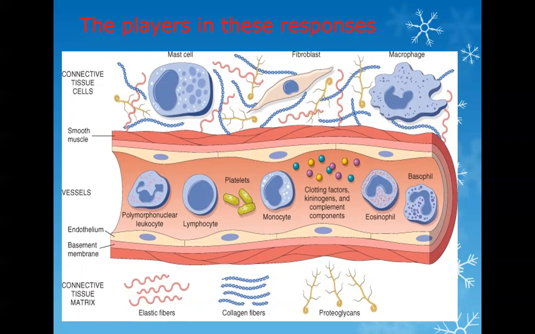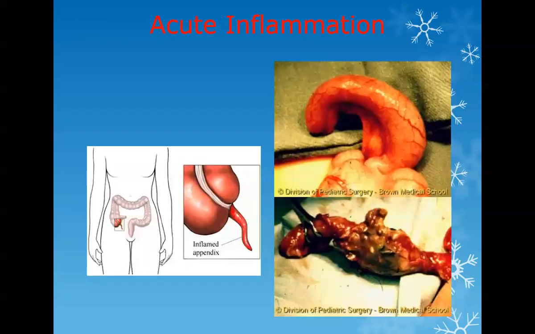Everything is taking part in the inflammatory process. We have mast cells, fibroblasts, macrophages. We have already discussed dendritic cells. They are antigen presenting cells, which bring the antigen. Then we have elastic and collagen fibers, and proteoglycan. All of them are taking part in the inflammatory process.